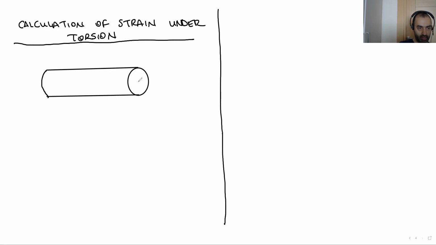Oh, the center here is this point. So it goes like this. And here also the axis comes. What we have on the section, we have torsion here.